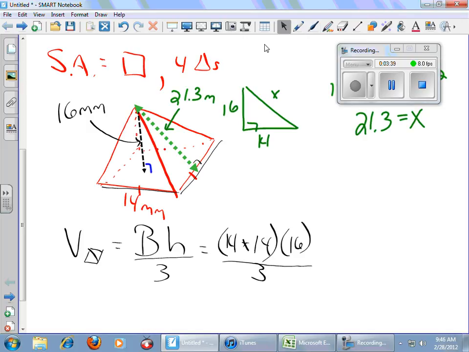I didn't give you very nice numbers, unfortunately, but it doesn't matter because the OEA might not give you nice numbers. And we end up with the volume of the pyramid being 1,045 and 1/3 millimeters cubed. Remember we have to divide by 3 because a pyramid is a third of a cube.